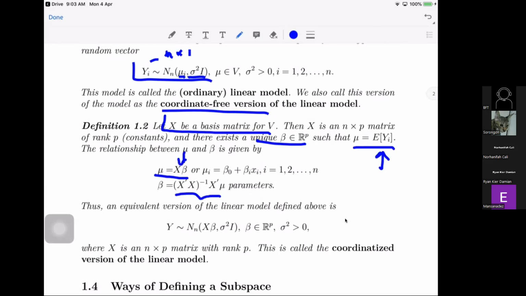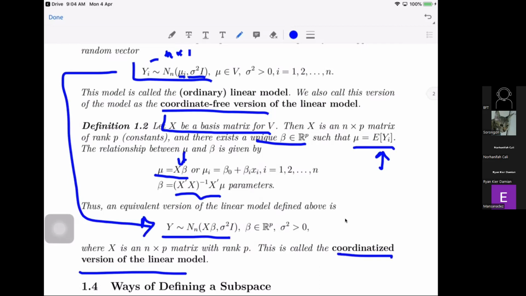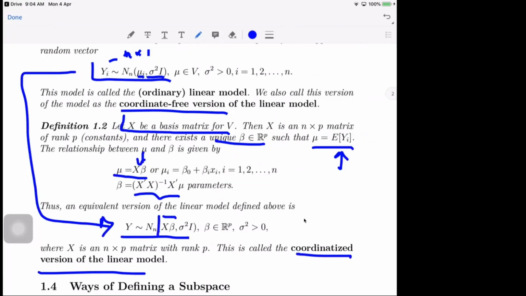And beta here will be, in terms of your basis matrix, x prime x inverse x prime mu. So an equivalent version of the coordinate-free version of the linear model is the coordinatized version of the linear model, wherein mu here will be equal to x beta.